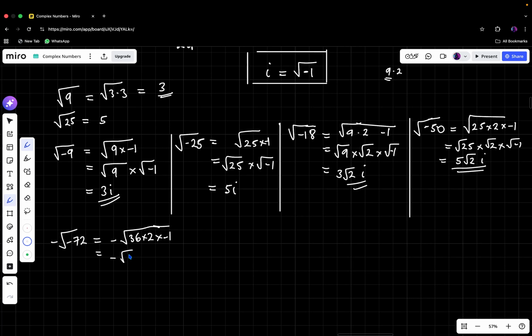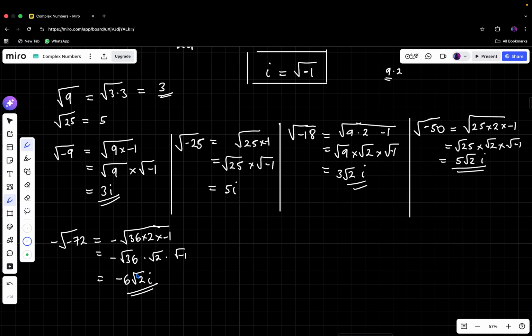So this would be negative square root of 36 times square root of 2 times square root of negative 1. Square root of 36 is 6, so this is negative 6. Square root of 2 still remains square root of 2, and square root of negative 1 gives us I. And this would be our final answer: negative 6 square root of 2 I.